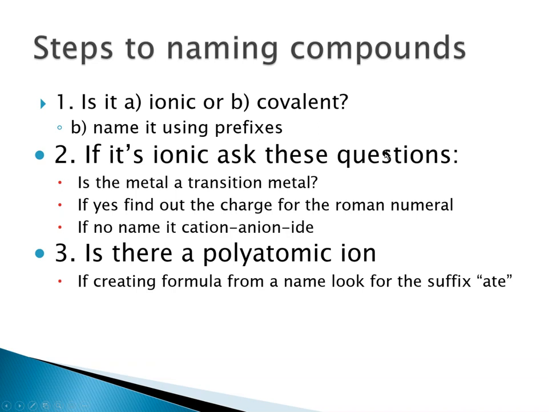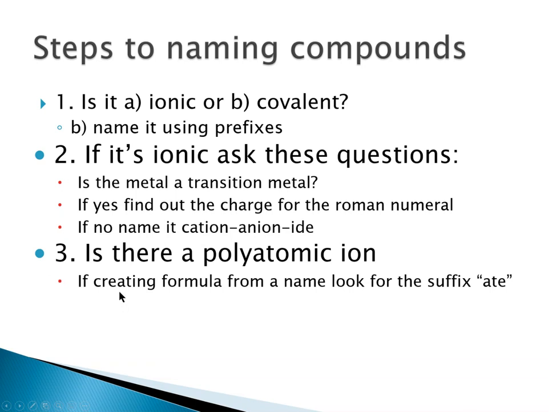If it's ionic, we need to ask a few other questions. One, is the metal a transition metal? If it is, you have to figure out what the charge is for when you're writing the Roman numeral. If it's not a transition metal, then you just name it by saying the metal name, the non-metal name with "ide." Last thing you got to ask yourself, is there a polyatomic ion?